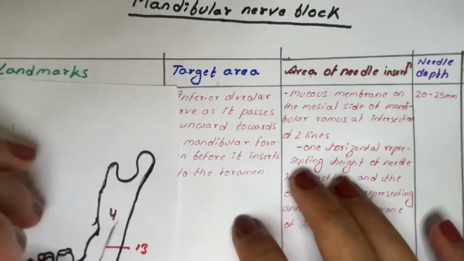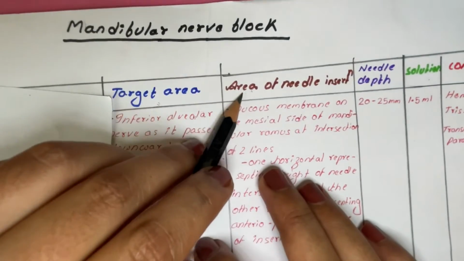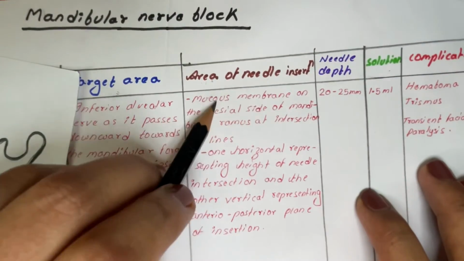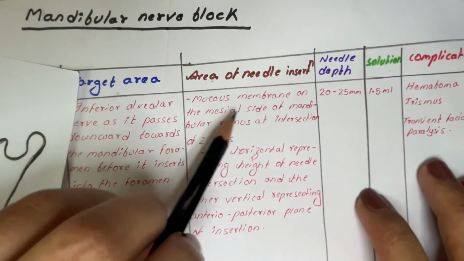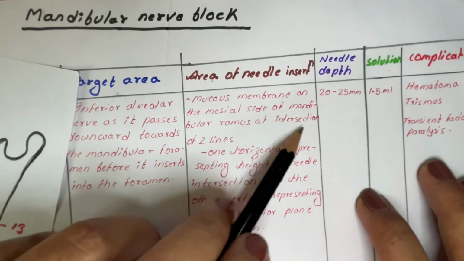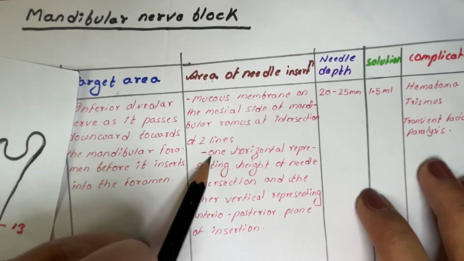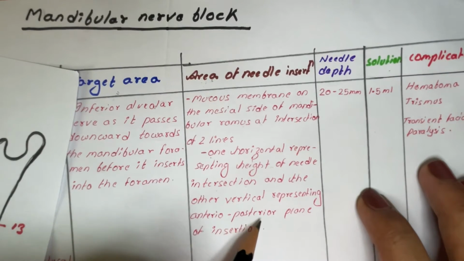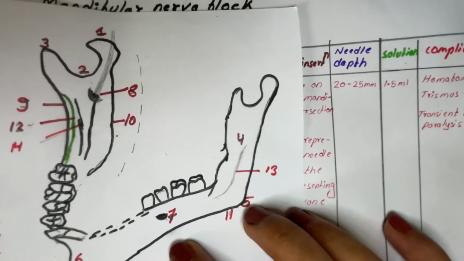And now we are discussing the area of needle insertion. It is the mucous membrane on the medial side of the mandibular ramus at the intersection of two lines, one horizontal representing the height of the needle insertion and the other vertical representing the anterior-posterior plane of insertion. The area of needle insertion is the most important part of the inferior alveolar nerve block.